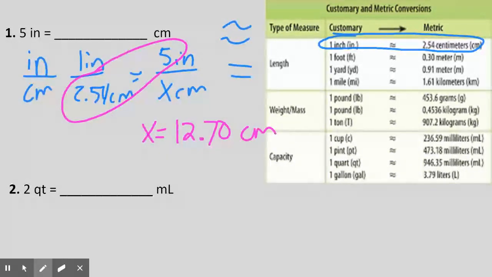Now, something I want to bring up, and this is really going to apply to the second problem, because these conversions are approximate, they're not exact. Therefore, when you're multiplying or dividing, you may get a decimal that keeps going. I'm not saying it's repeating, the number just keeps going.